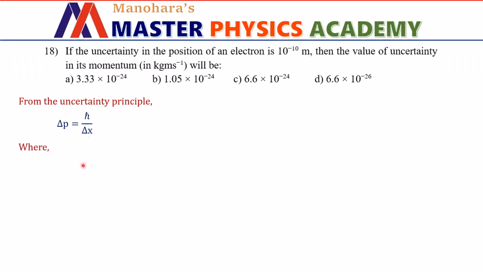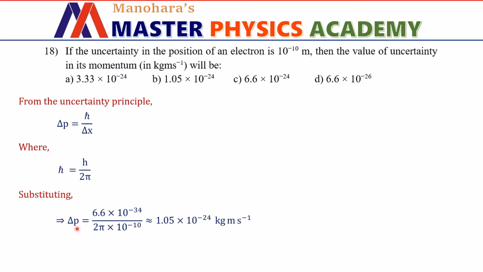Here h bar is equal to h divided by 2 pi, where h is Planck's constant. Now substituting, we get the final answer for uncertainty in momentum as 1.05 × 10^-24 kg meter per second. Option B is the right choice.